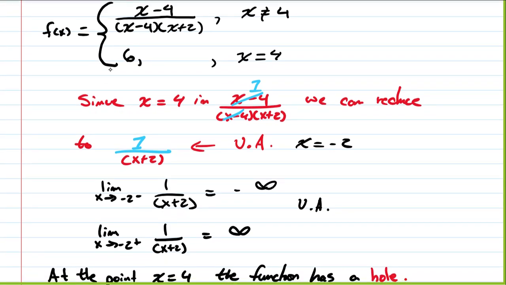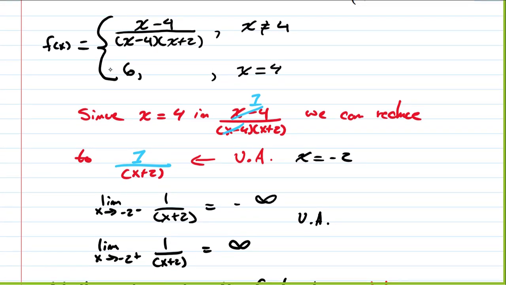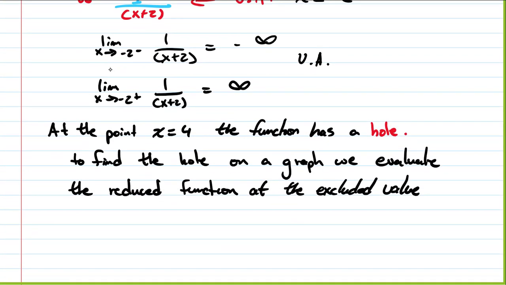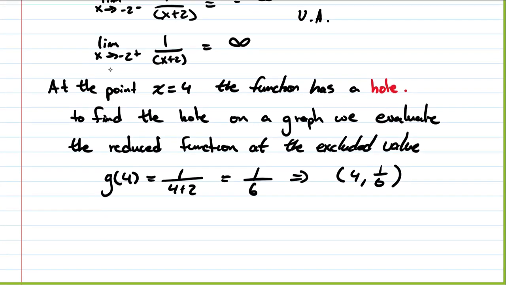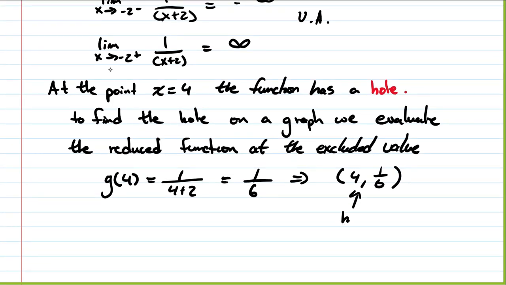So our excluded value for the hole was x equals 4, right? If we plug f of 4, or I'm going to call it g, into our function 1 over 4 plus 2, we get 1 over 6. So the hole is located at the point (4, 1/6). And this is our hole.